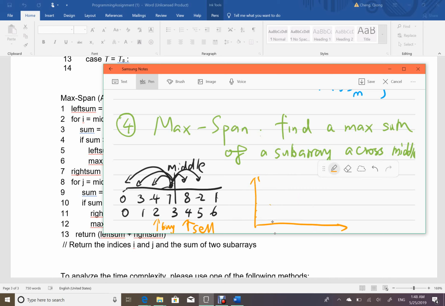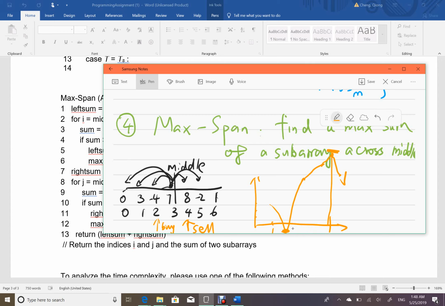The first day is 1, and the second day it drops to -1, right? And then the third day increases even more, right? And drops a little bit, right? In this case, you want to buy here and sell here, such that you can earn the biggest price difference.